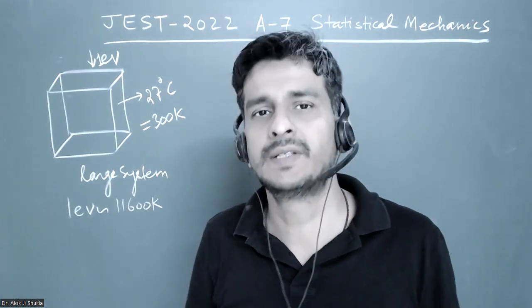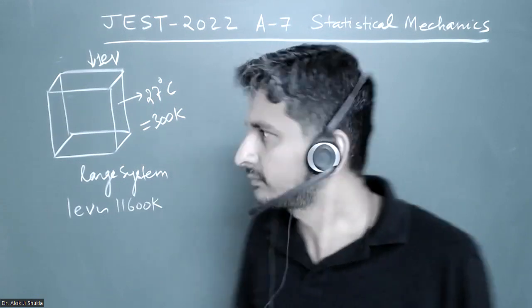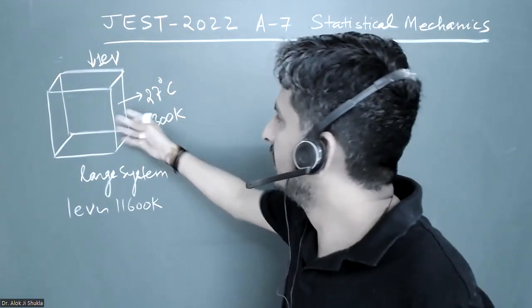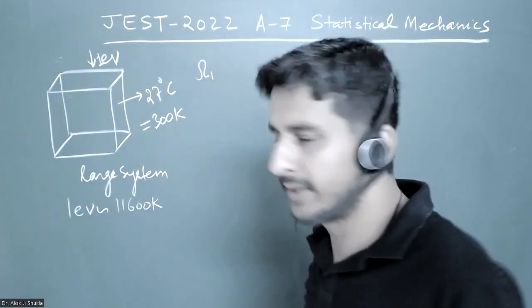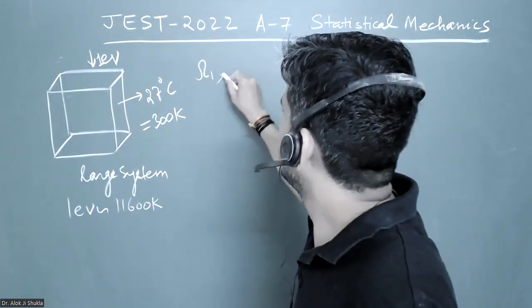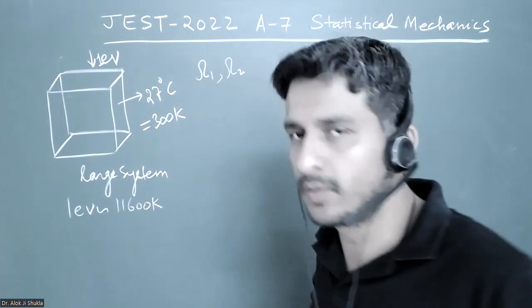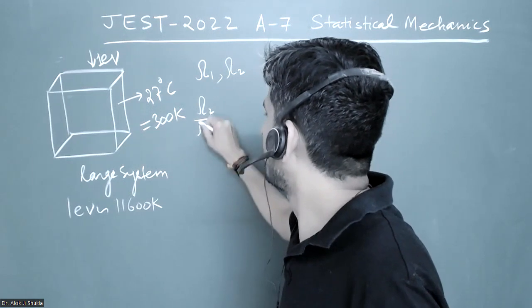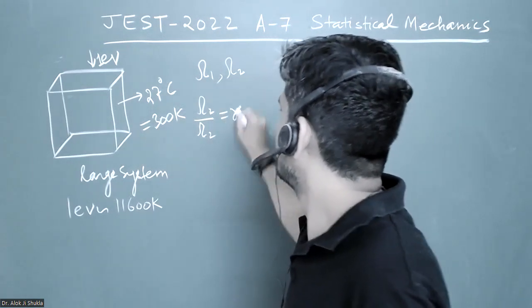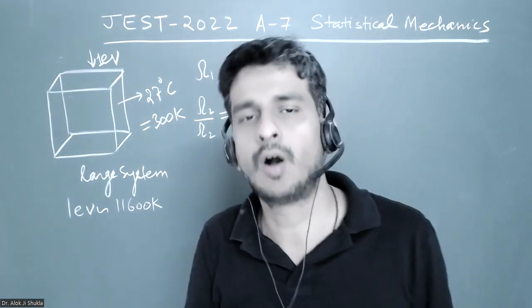Temperature is not changing, but suppose initially it had number of microstates omega 1, and finally it has number of microstates omega 2. They are asking by what factor the number of microstates will change; we have to tell the order of that number.